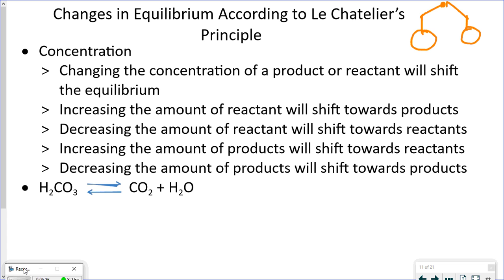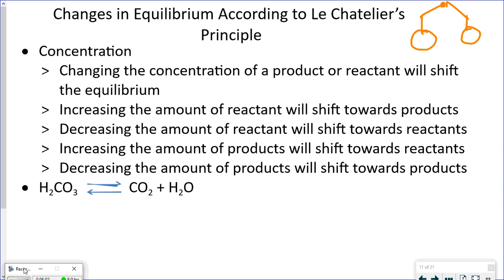If you decrease the amount of reactant, if you take something off of that plate on the left, now that plate is too light. So you will need to add something onto that same plate that you removed something from, so on the reactant plate, in order to reestablish equilibrium. So the equilibrium will have to shift towards the reactants to balance out.